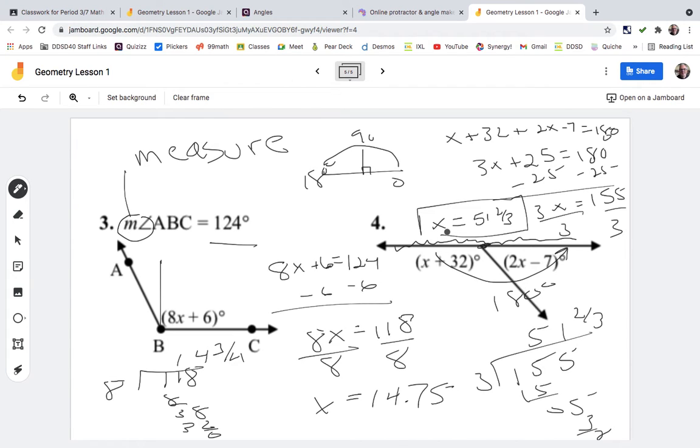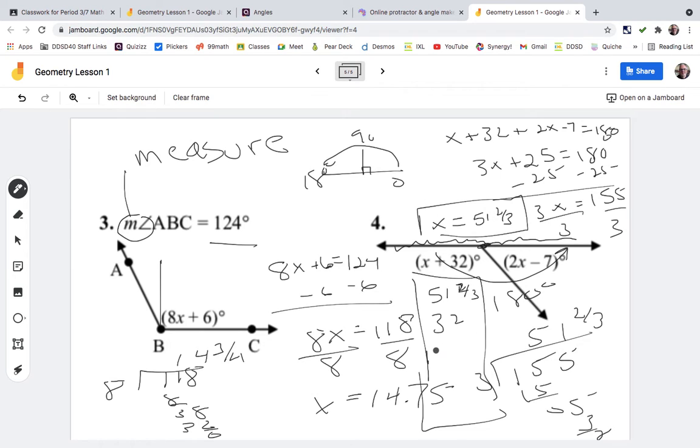And we can double check that by doing 51 2/3. I'm going to do it right in here. 51 2/3 plus 32 plus 2 times 51 2/3.